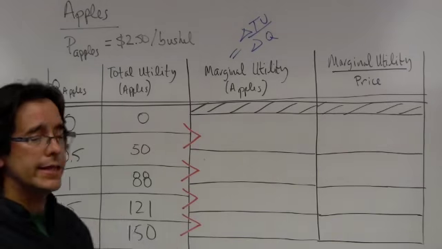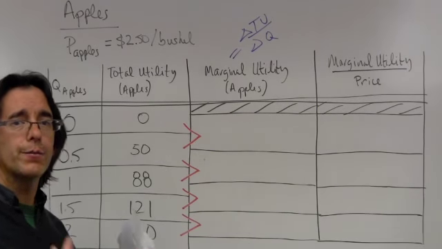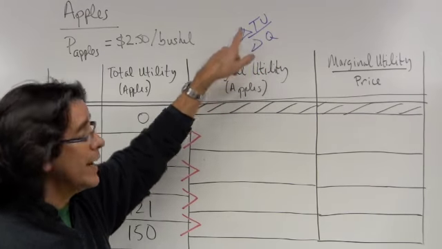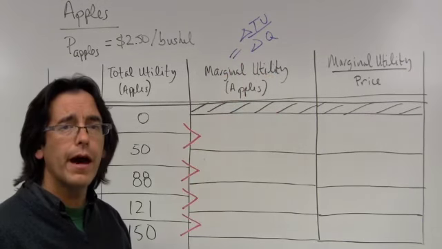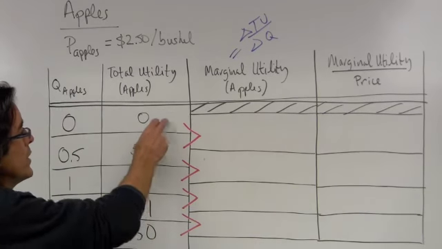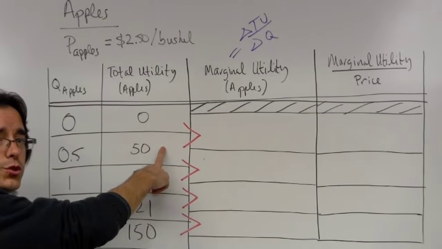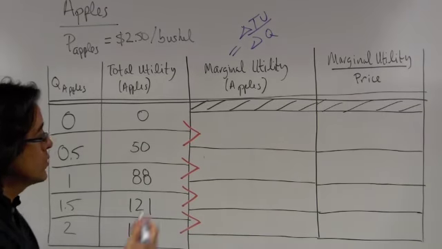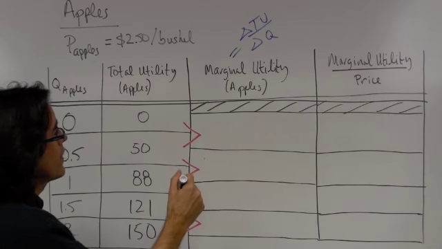Okay? So next we have to look at the marginal utility. Marginal utility is simply the change in total utility divided by the change in the quantity. In this case, it's the change in the total utility from consuming apples divided by the change in the amount of apples consumed. We'll do a couple of quick calculations.